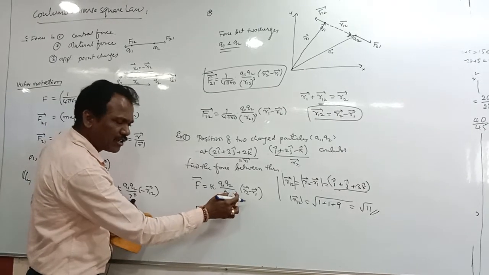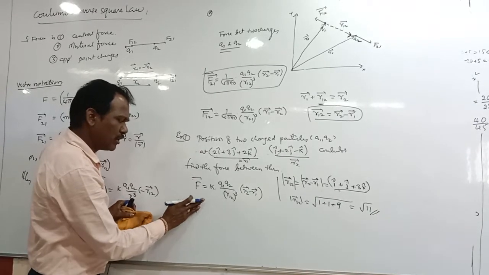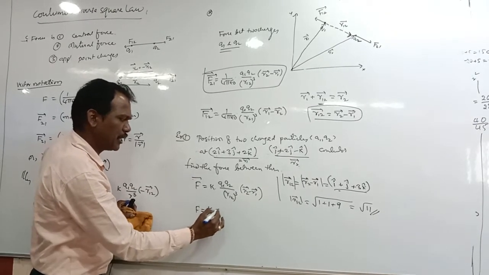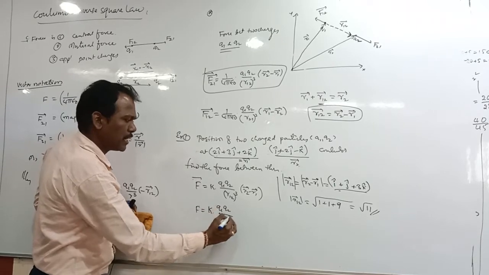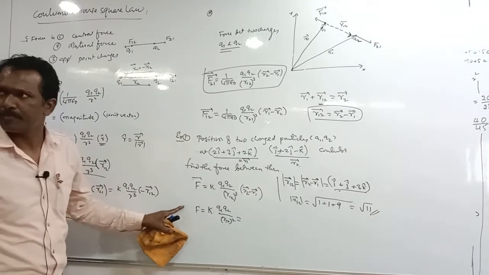In terms of vector notation we can write F, or the magnitude of F is equal to K into Q1 Q2 by R12 whole square. Okay.